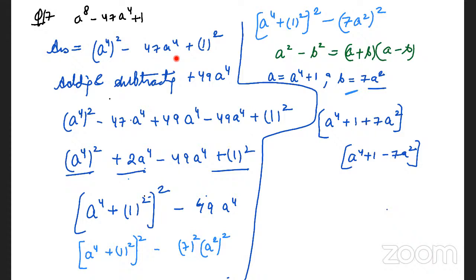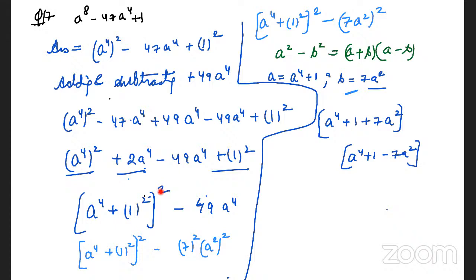Now if I solve this, it is minus 47a^4 and plus 49a^4, so it will become plus 2a^4. Now a square plus b square plus 2ab will become a plus b whole square, like this.